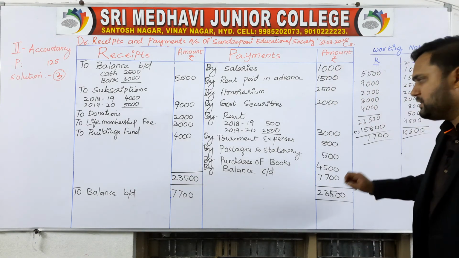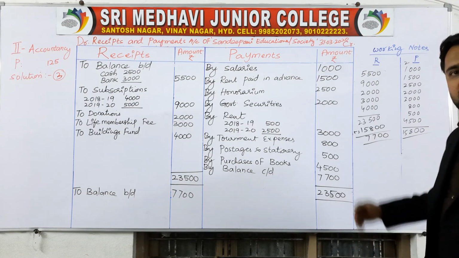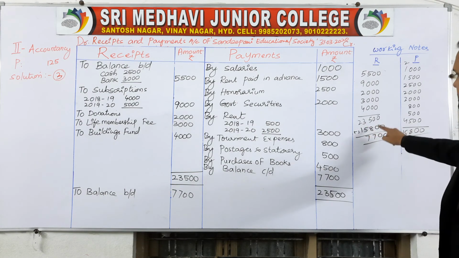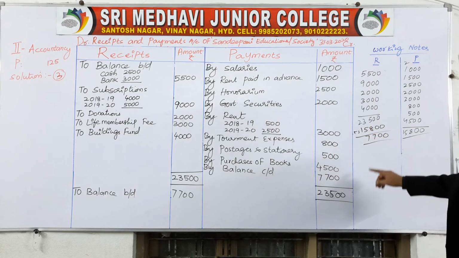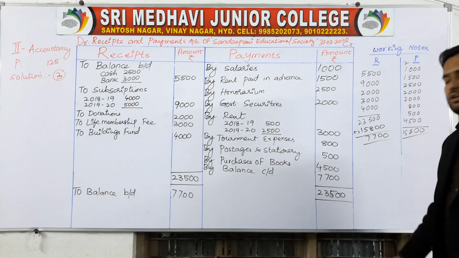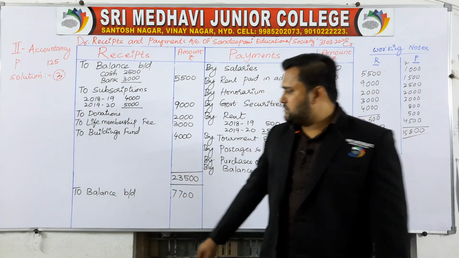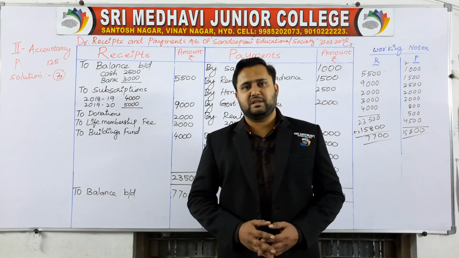Out of 23,500 receipts, minus the payments made, 23,500 minus 15,800, you get the balance carried down, which is 7,700. Now transfer that to balance brought down, 7,700. Thank you everyone.